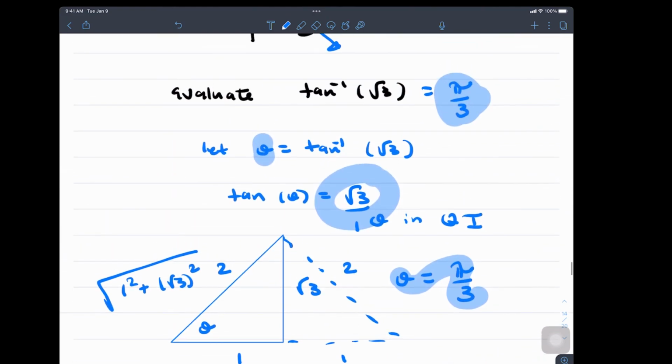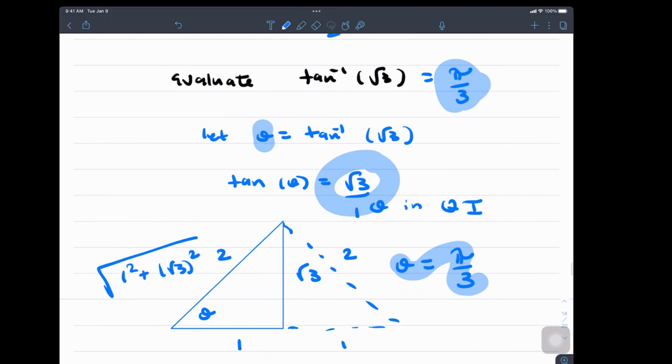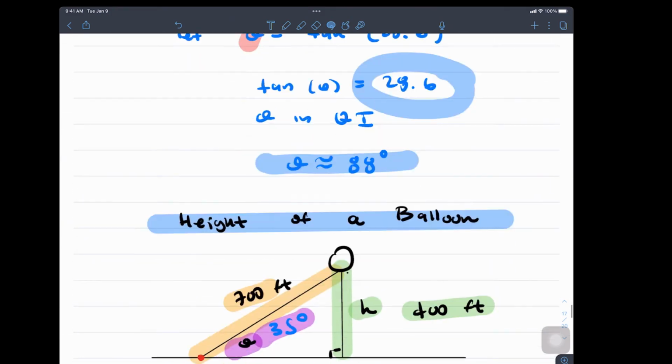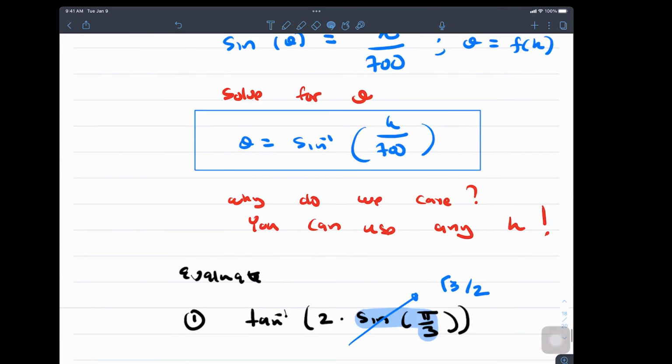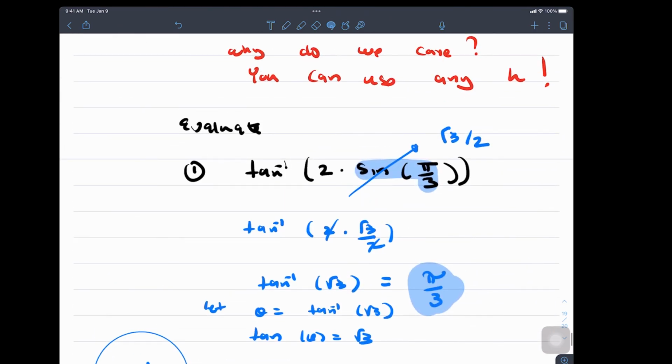Pi over 3 is the answer. So we got that one, pi over 3. So that goes here. More importantly, that goes right where? Here. Okay?